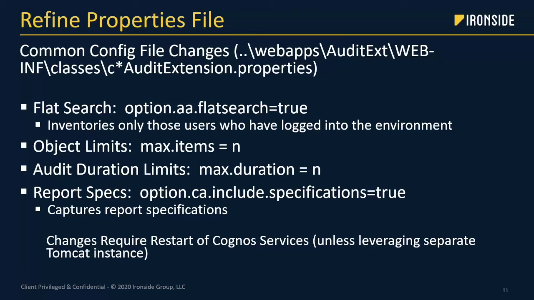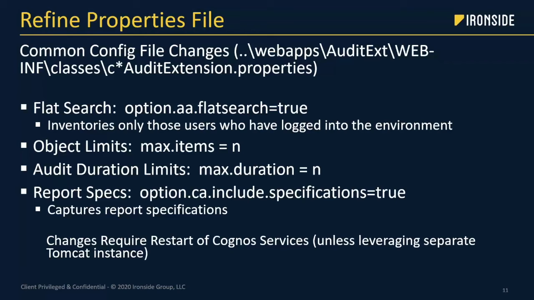I installed the audit extension on an IBM Cognos server and did not set this to true. And after about 24 hours, I decided just to kill it off, right? Because what it was doing was going and looking through the entire authentication source. And certainly IBM has a lot of employees, right? A lot of accounts and objects inside of their authentication source.